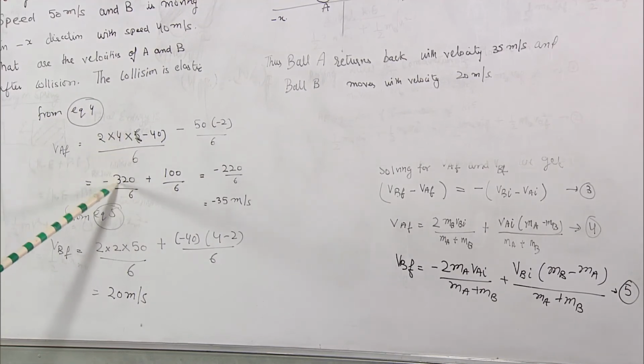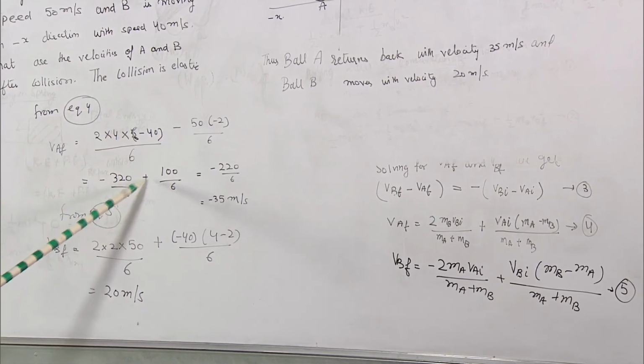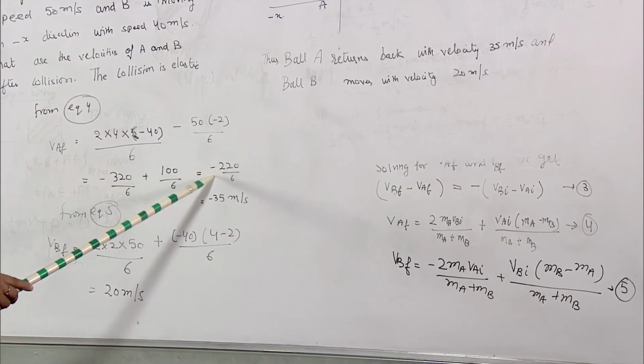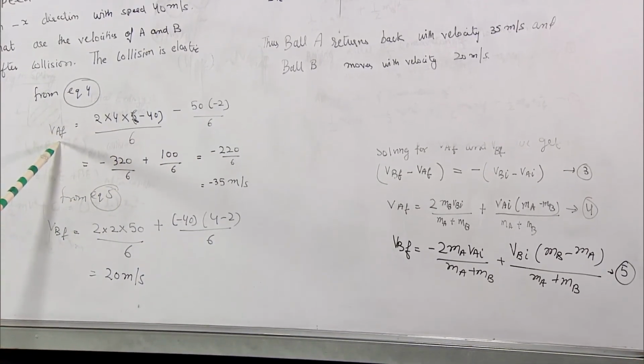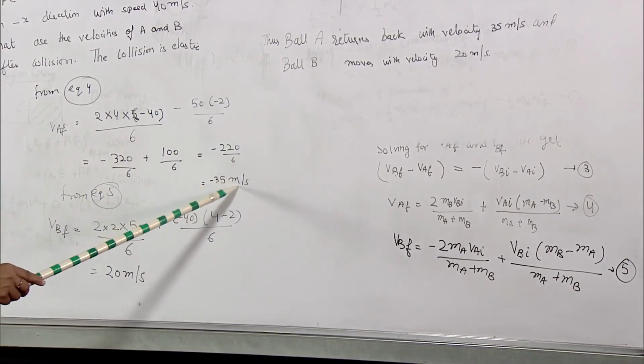While solving this equation, we have minus 320 by 6 plus 100 by 6, and we get the final velocity of ball A to be minus 35.